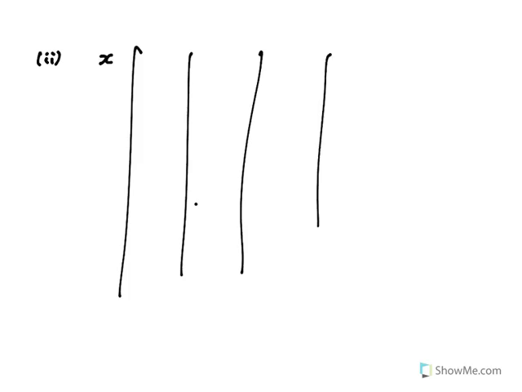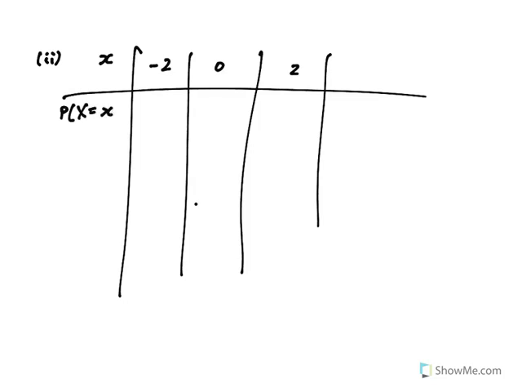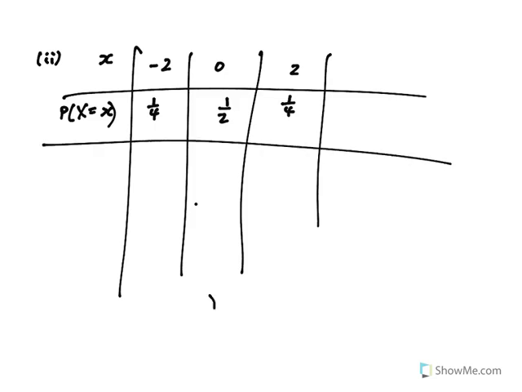Let's look at X. You know that X could be -2, 0 or 2, and the probability of capital X equals x would be 1/4, half or 1/4. If we talk about Y, there could be a lot of possibilities. Y could be -2 and -2, so it will be -4.